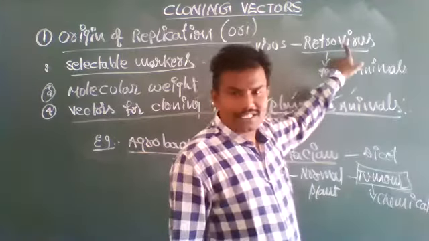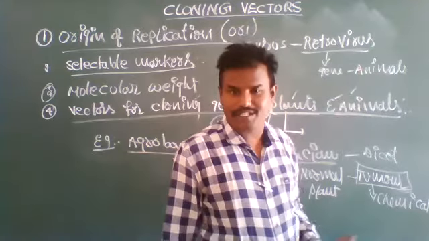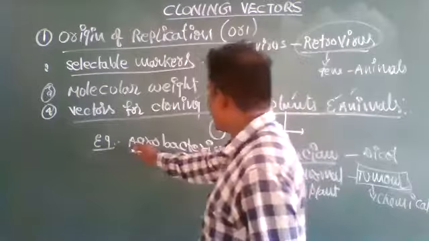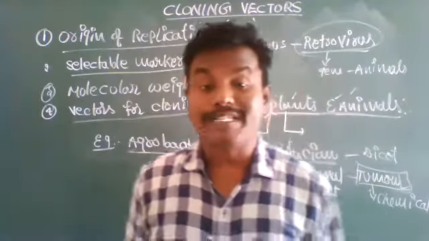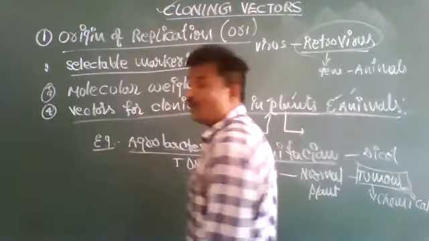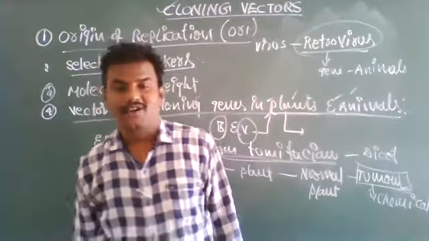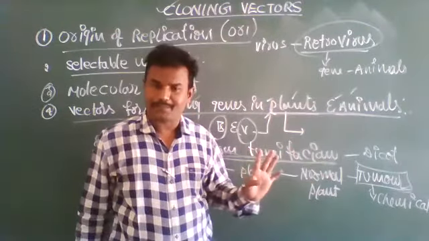In the retroviruses, the gene which produces cancerous cells, that cancer gene, is eliminated. Now these retroviruses and Agrobacterium tumefaciens are used in genetic engineering experiments as cloning vectors.